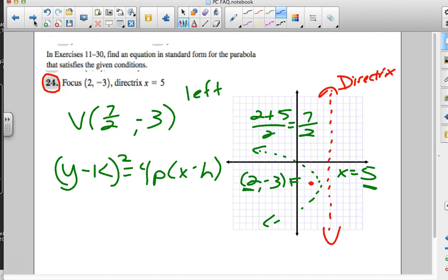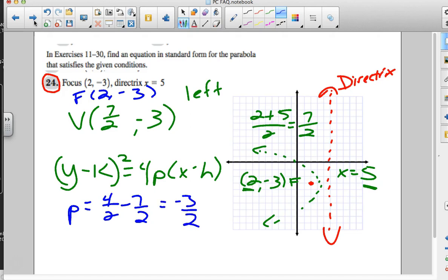We also know that our focus was at (2, -3). To find p, that distance, we need to know how far it is from 2 to 7/2. So 2 would be the same thing as 4/2. So 4/2 minus 7/2 would give us -3/2.